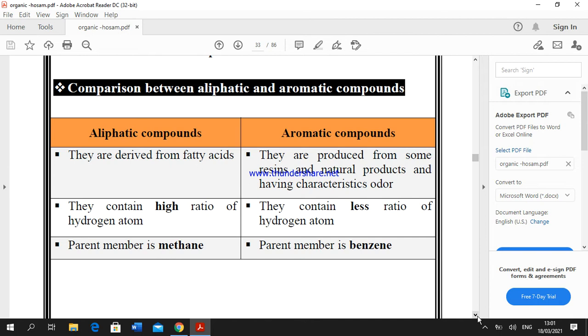The parent member of this group is methane, from which we can form many other compounds, okay? While aromatic compounds are produced from some resinous matter and natural products, they have a characteristic odor, they contain a lower ratio of hydrogen atoms in their composition, and the parent member of this group is known as benzene.